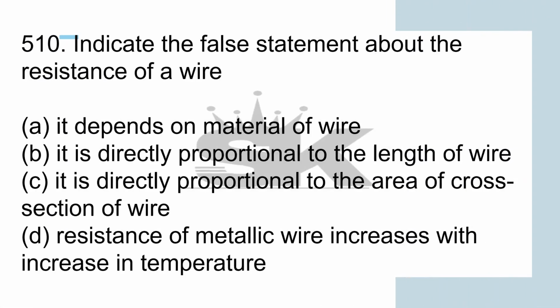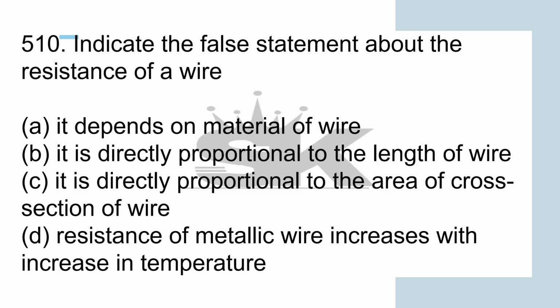Indicate the false statement about the resistance of the wire. It depends on the material of the wire. It is directly proportional to the length of the wire. It is directly proportional to the area of cross section. Resistance of a metallic wire increases with increase in temperature.